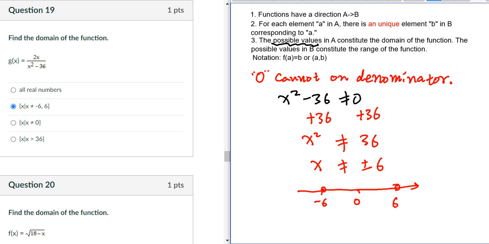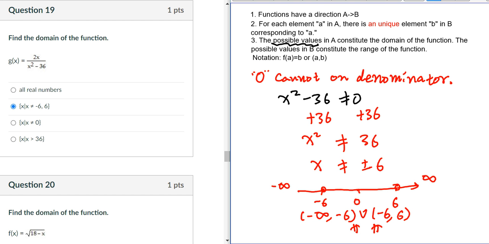So that would be what? From negative infinity up to negative 6. Negative infinity is this way, positive infinity is in this way. Then union from negative 6 to 6. You see here there are round brackets, meaning negative 6 is not included.